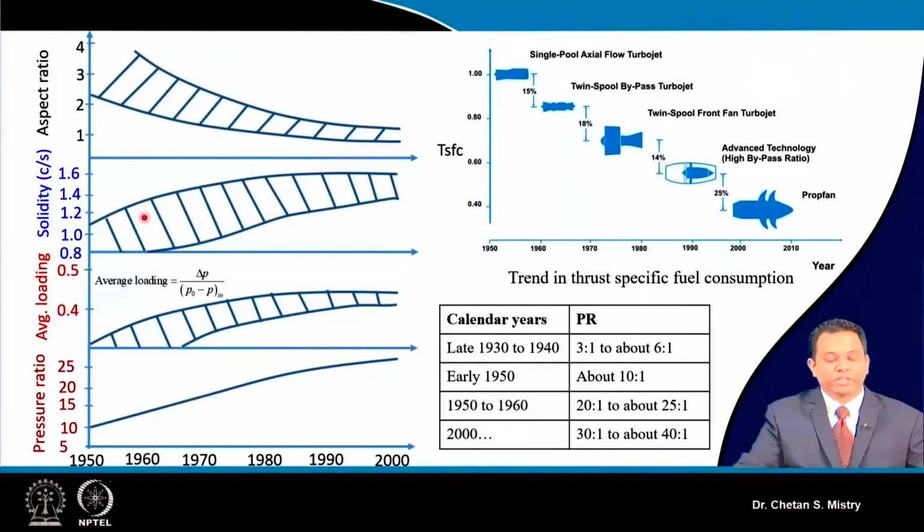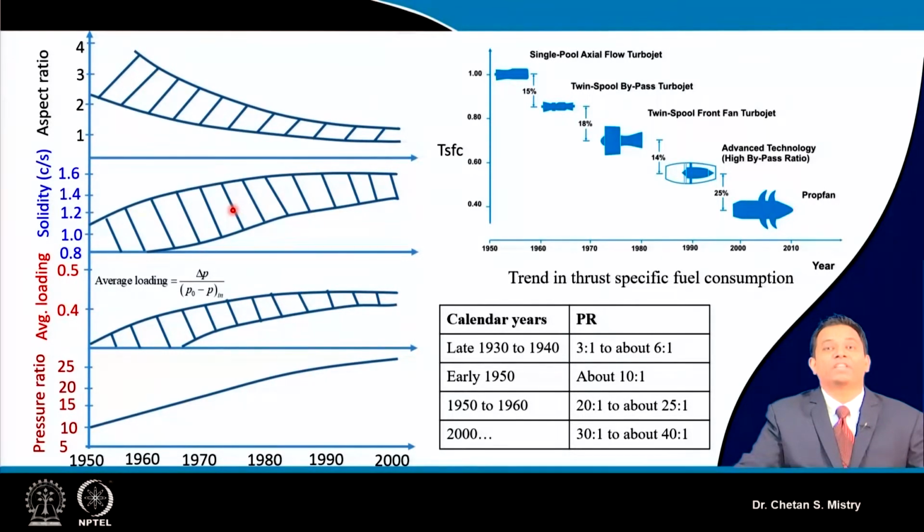This represents the improvement in the selection of solidity. We represent solidity as the chord to pitch ratio. It means we are looking for higher solidity, which indicates that we need to increase the chord, or increase the number of blades, or go with a combination of both.